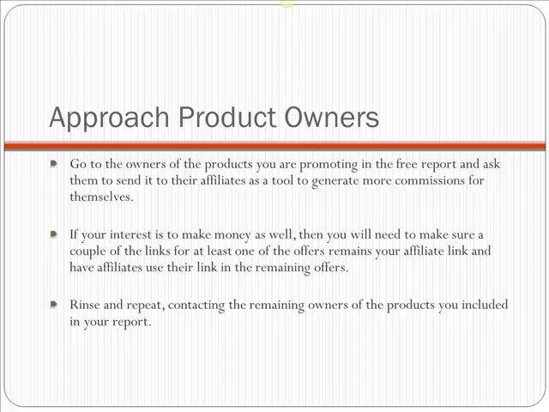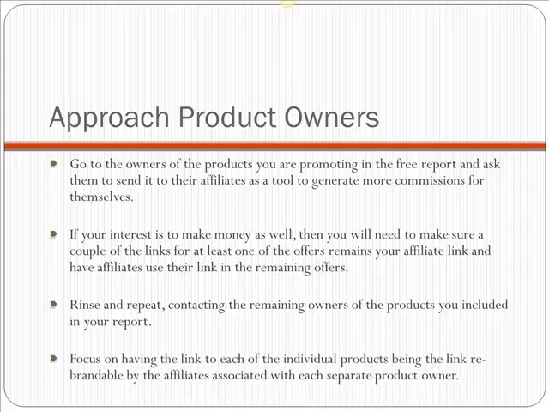So maybe if you're in make money online or list building, you find products on how to generate traffic to your squeeze page, how to build relationships with your subscribers, how to do follow-up messages, different products that relate to list building, and offer these products inside this report. If you've got four different product owners, you go to each one and say, could you send this out to your affiliates as a tool to generate more commissions for your business?